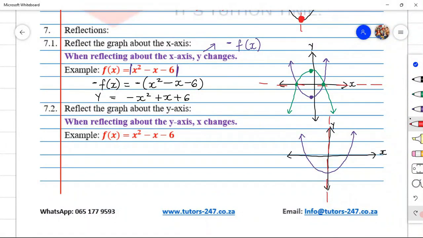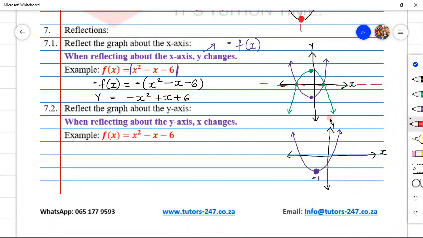So let's slightly change our graph and move this graph more to the left. So if our graph was like this, whereby our turning point was more to the left, let's give this a turning point of -1.